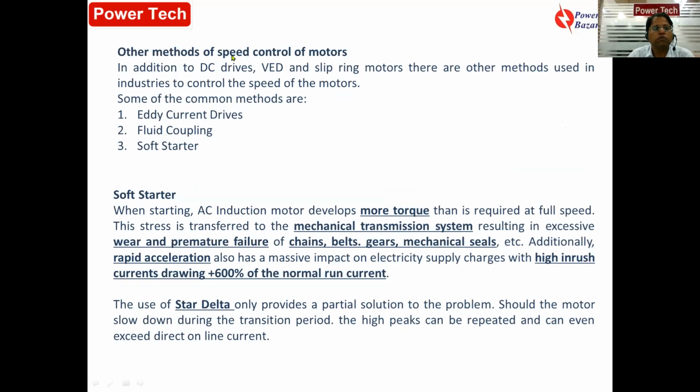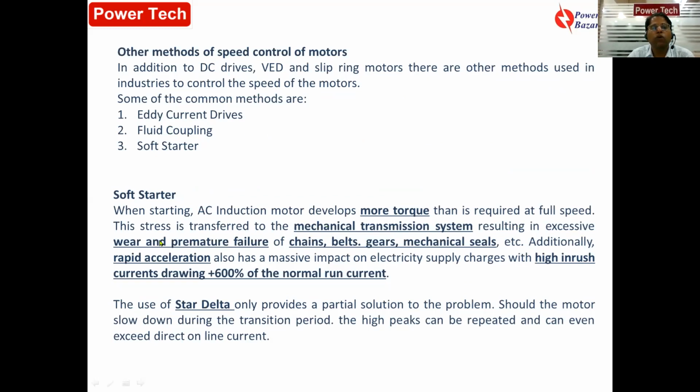Now, other methods of speed control are eddy current drives, fluid coupling, and soft starter. Soft starter means we need to start the motor softly, because the starting current of a motor is almost 6 times the normal rated current. So during starting, it gives a jerk. Because of that jerk, the mechanical transmission system gets affected.